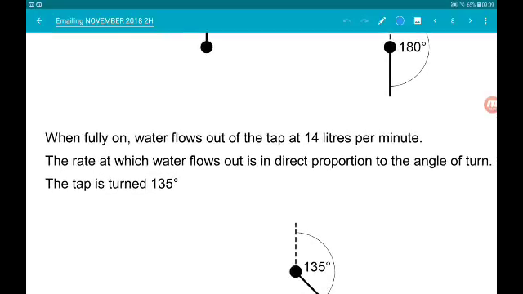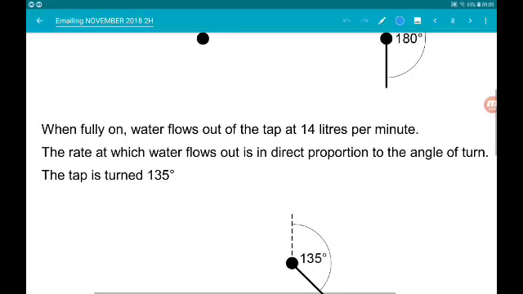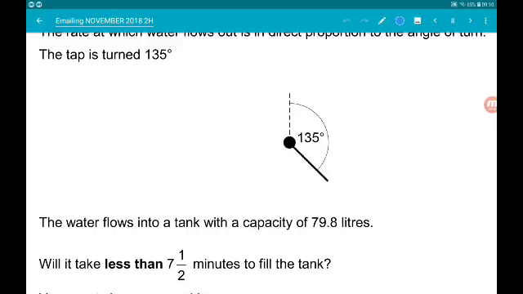When fully on, water flows out of the tap at 14 litres per minute. The rate at which water flows out of the tap is in direct proportion to the angle of turn. The tap is turned to 135 degrees.